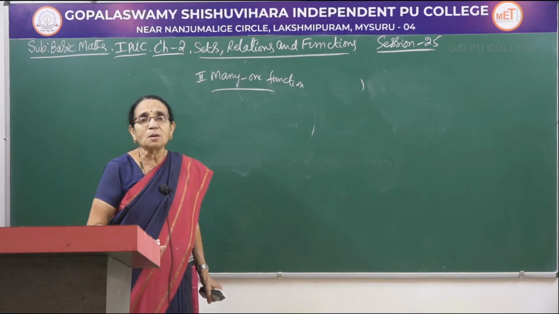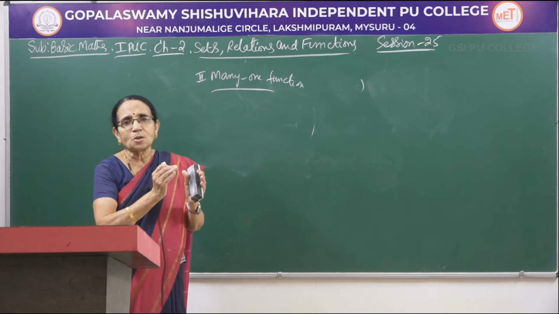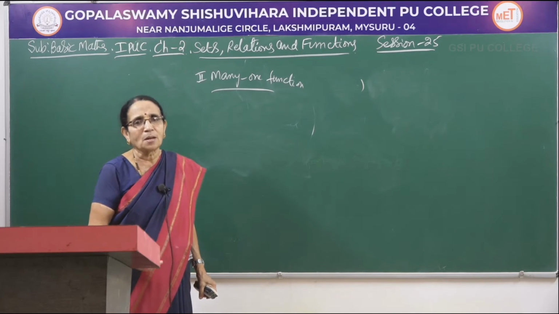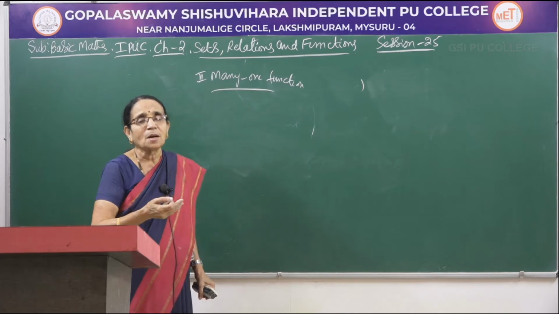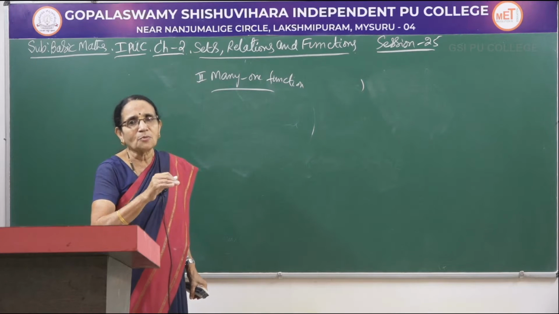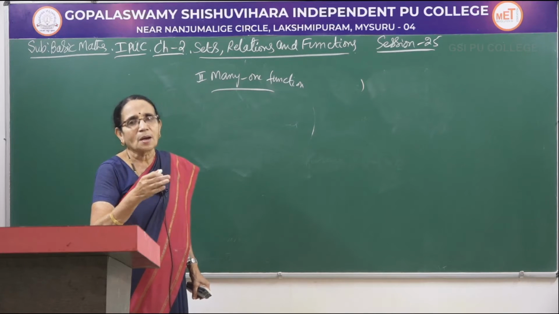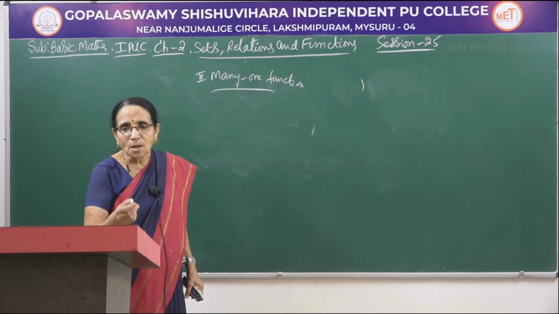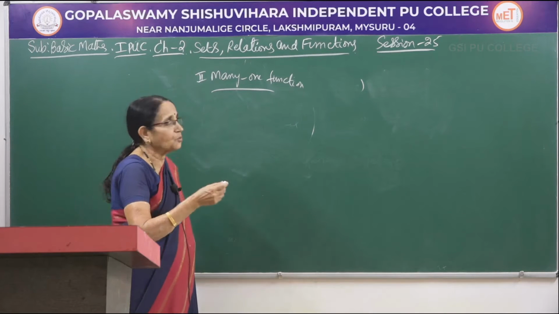Many one, what do you mean by many one? Many elements of the domain will have a common image in the codomain. So, many elements of the first set or the domain will have a common image in the second set or in the codomain. That is known as the many one function.